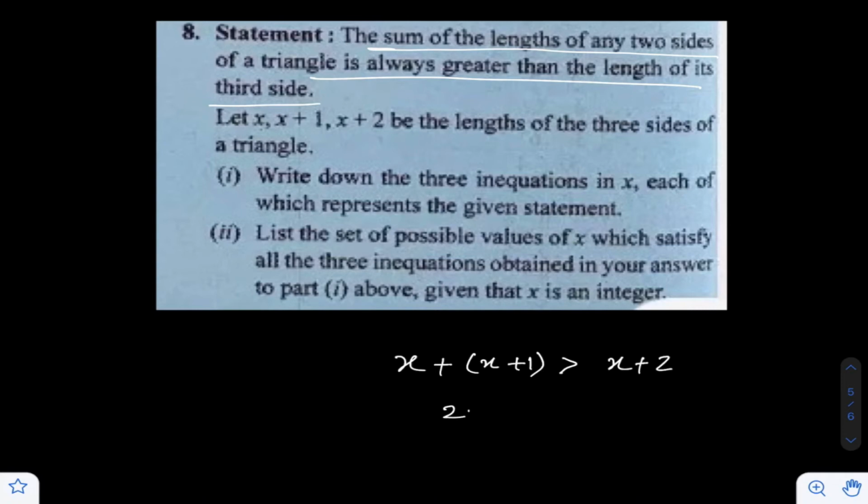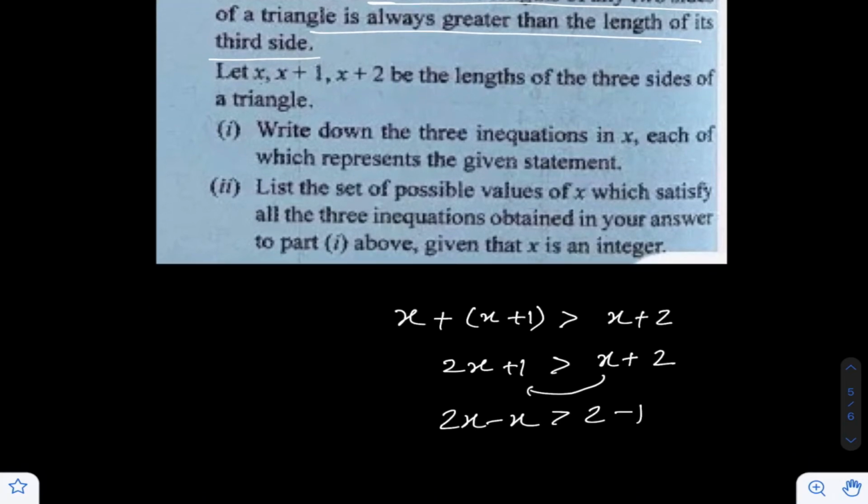So you can write 2x plus 1 is greater than x plus 2, or you bring x this side, it will be 2x minus x and 2 minus 1, or you can write x is greater than 1. So this is one part.